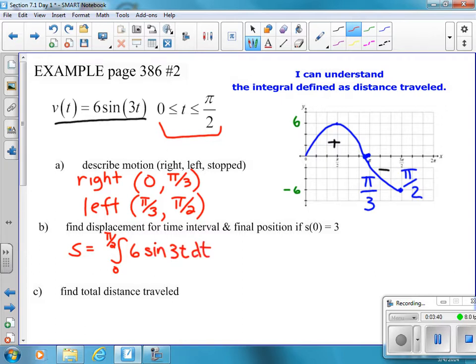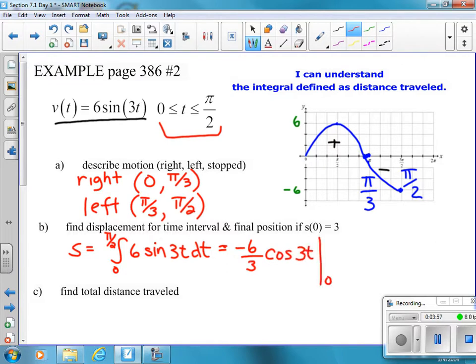The area under that curve will give you the displacement. You take the antiderivative of this: using u substitution on 3t, you get -6 over 3 times cosine of 3t.